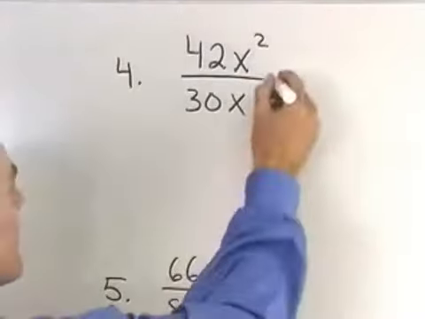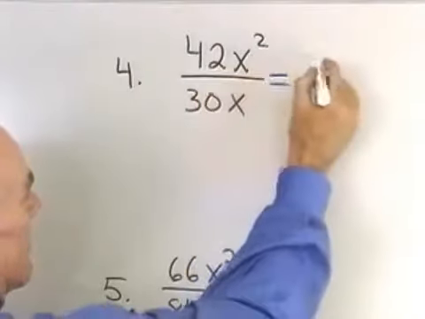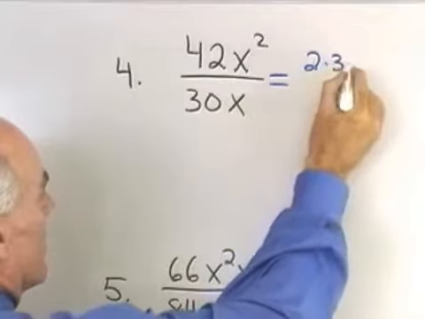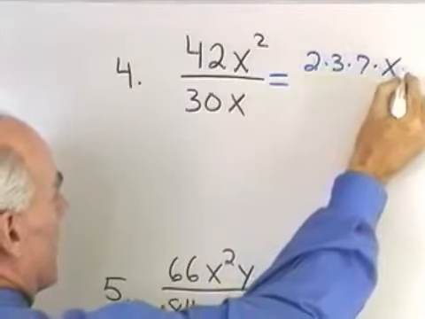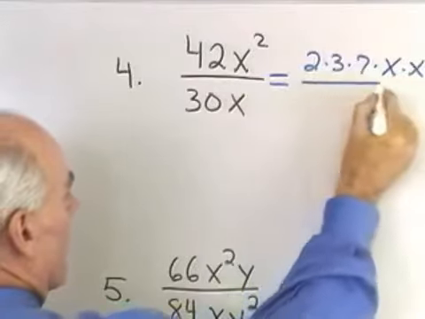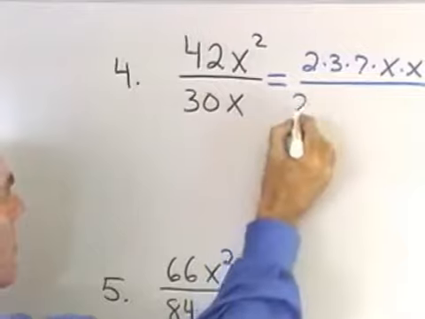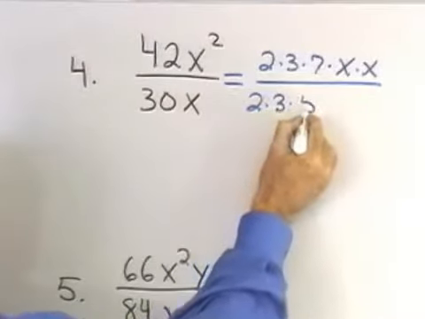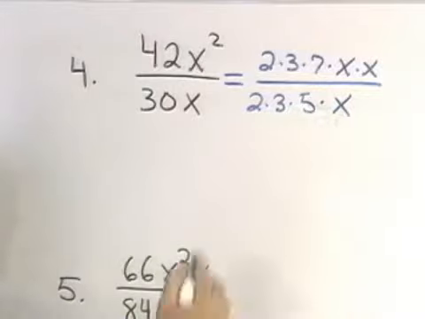So what I'm going to do is factor the numerator: it's 6 times 7, so 2 times 3 times 7. X squared is x times x if I write it in factored form. The denominator is 30, that's 6 times 5, so 2 times 3 times 5 times x. Now I'll divide out any factors they have in common.